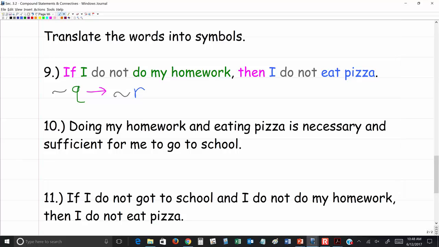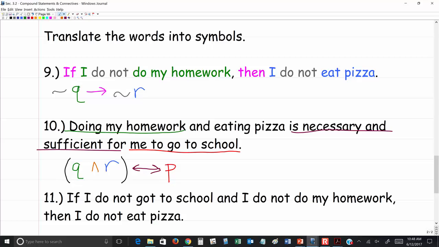Okay, so doing the homework, that's Q, and eating pizza, that's R, and that's going to be in parentheses, is necessary and sufficient for, so that's the double arrow, for me to go to school, which is P. Does it go in parentheses because that's first?